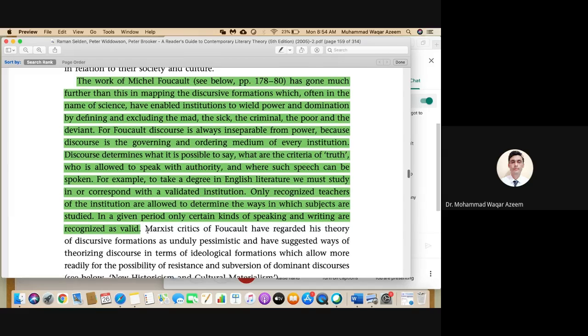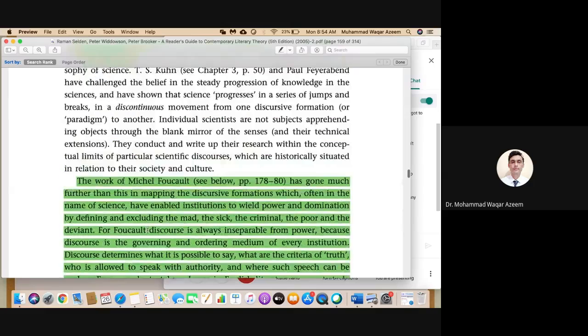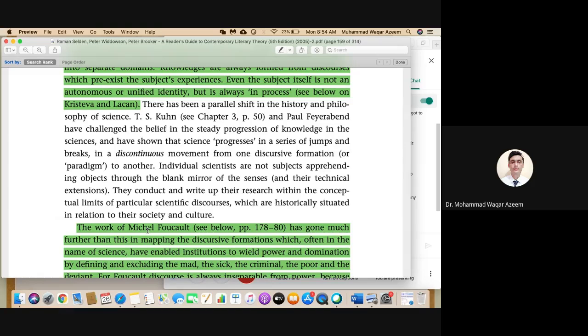So summing it up for today, basically post-structuralists attacked any kind of relationship between signifier and signified, and they pointed out that the relationship between them is unstable. Furthermore, they said that the subjects who speak are not stable subjects as structuralists had believed.